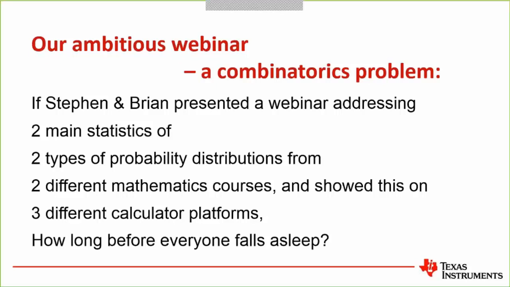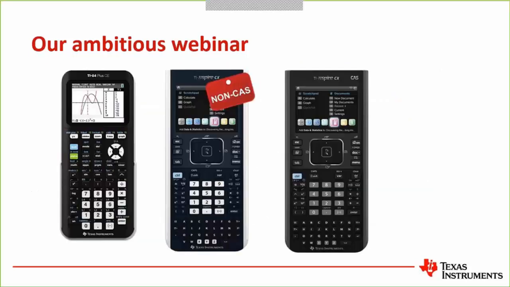This is what the three calculators look like side by side. On the left, if the last you ever saw of a TI-84 was a TI-84 Plus or TI-84 Plus Silver, it is now ramped up into a CX version.